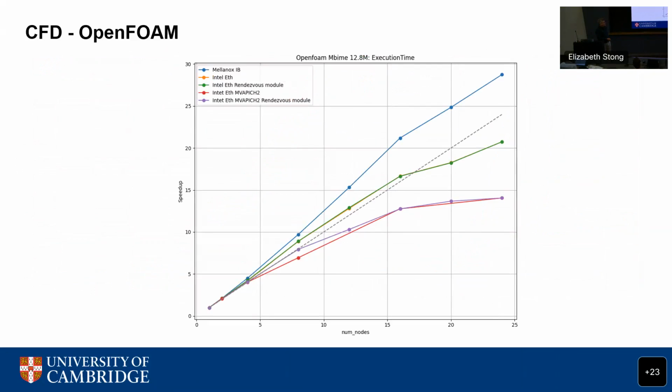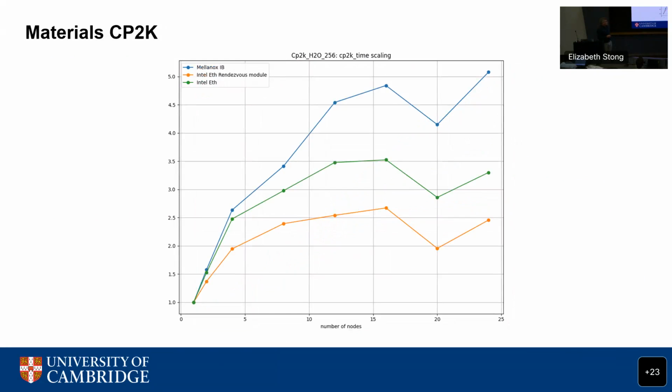For applications, although it says MBIME, this is actually the motorbike test case. This is a bit small, so we've got superlinear speedup on the InfiniBand and Intel out to 16 nodes. The advice here is the 20 million cell case scales better at higher node count. We've got CP2K here, which is a material science code.